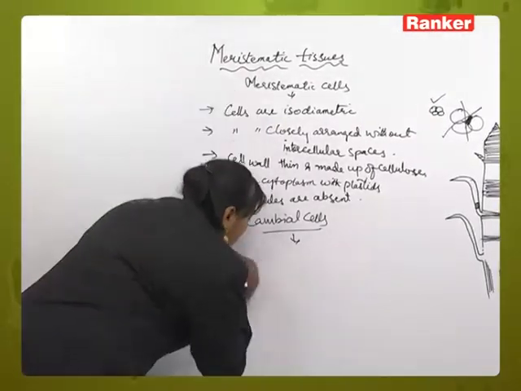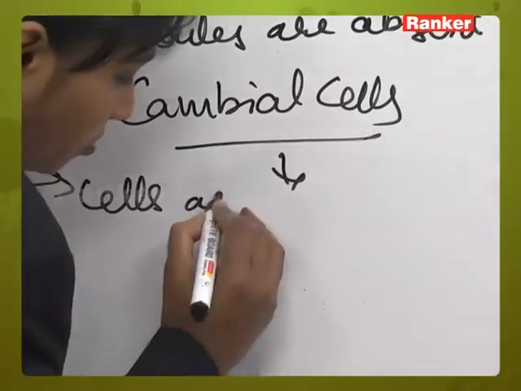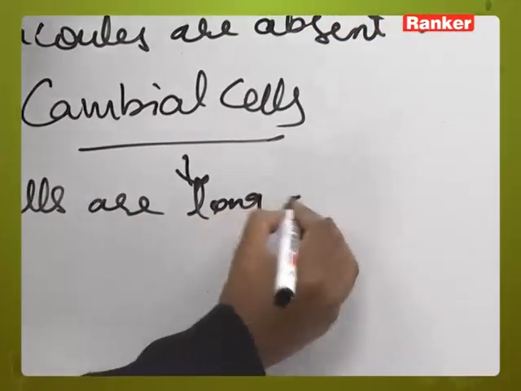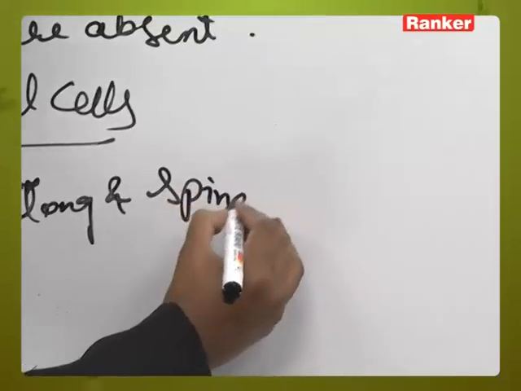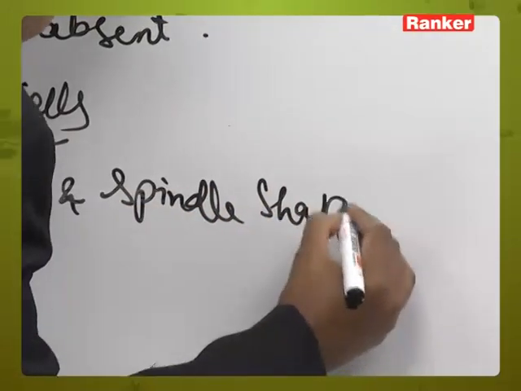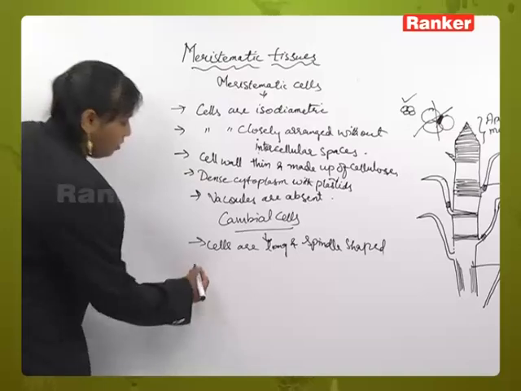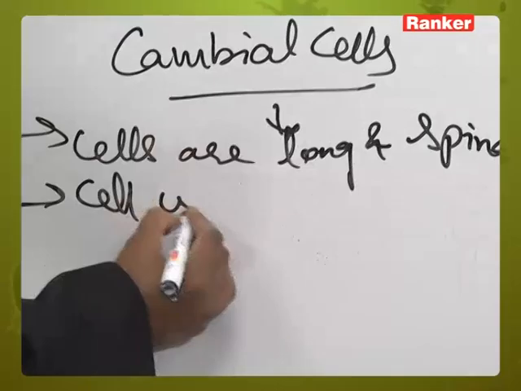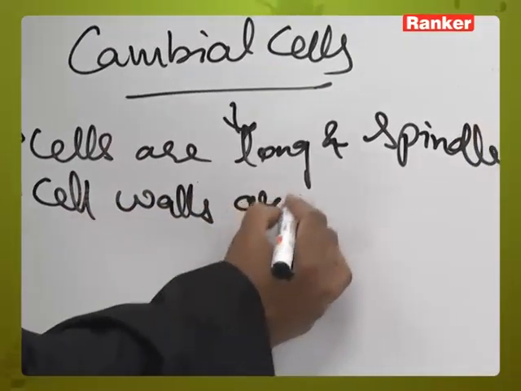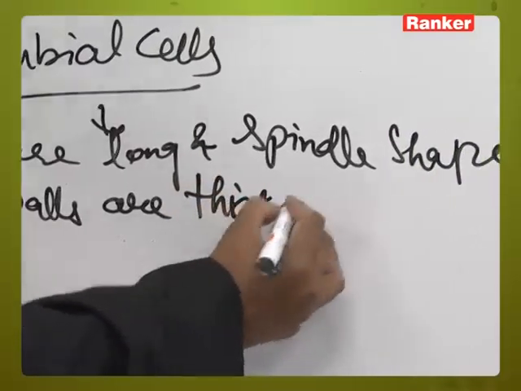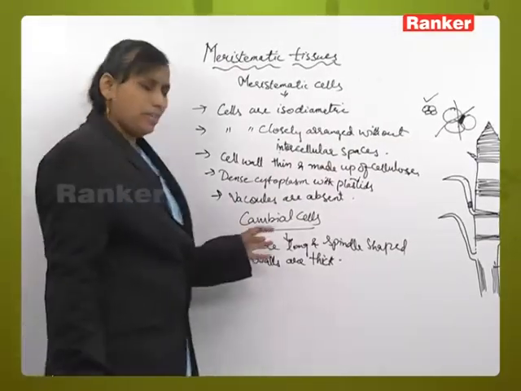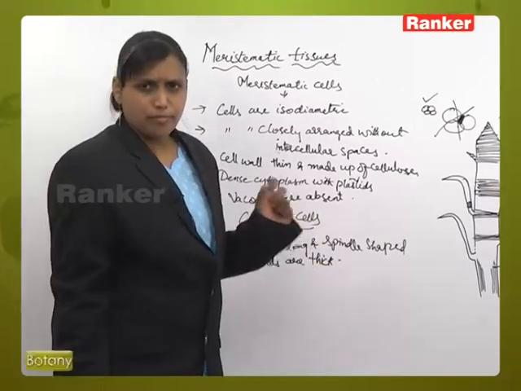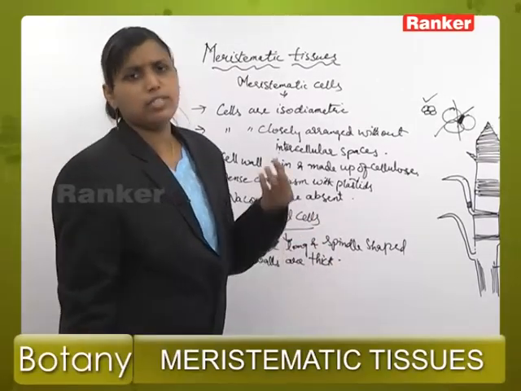Here these cells will be long and spindle shaped. Here the cell wall will be thick. So a cambial cell also shows a continuous state of multiplication or division of cells, which leads to secondary growth.